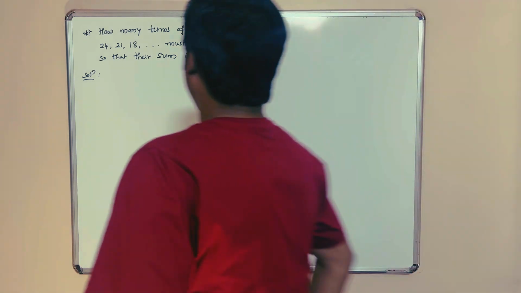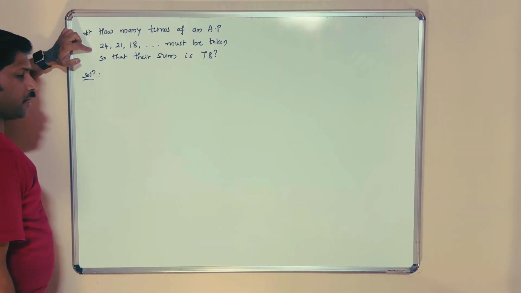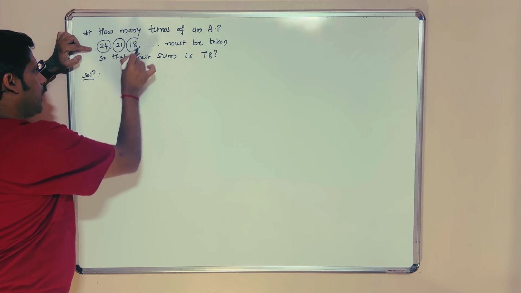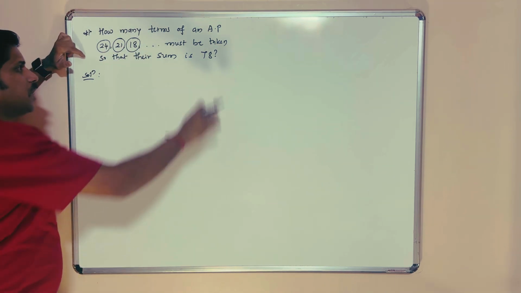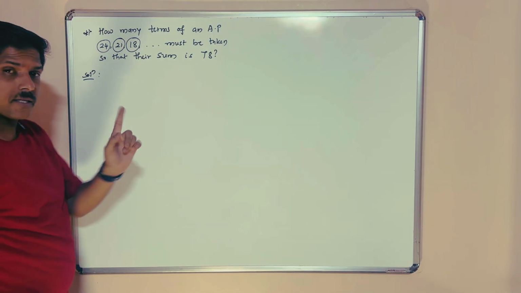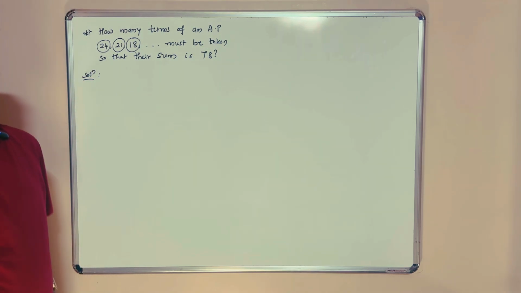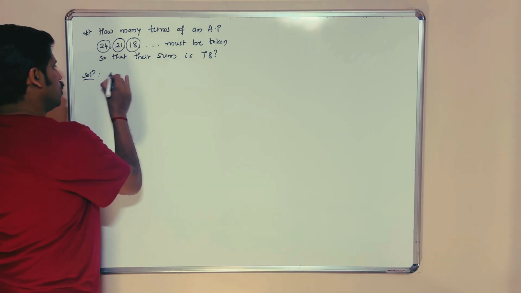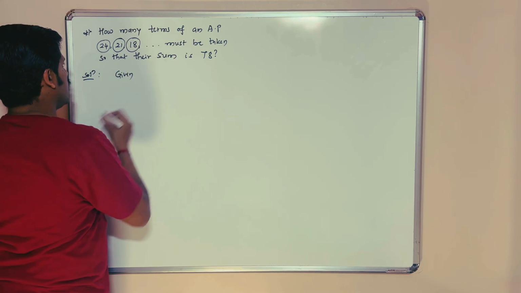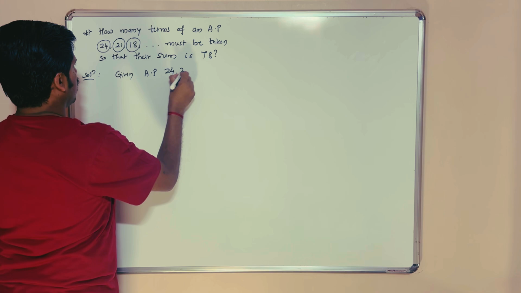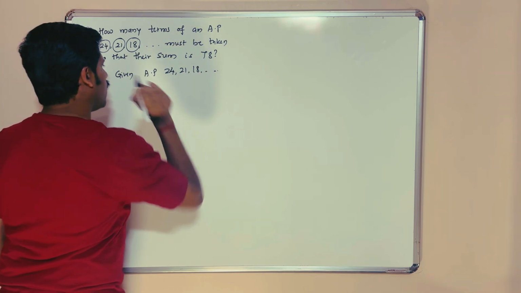Let us take the next example. How many terms of the AP 24, 21, 18 and so on must be taken so that their sum is 78? How many terms do we have to take? That is, we have to find n here. The given AP is 24, 21, 18 and so on.